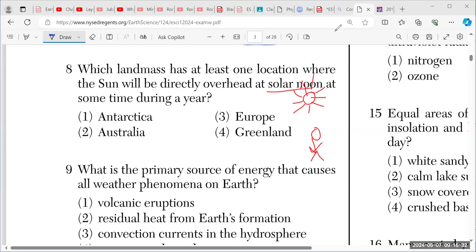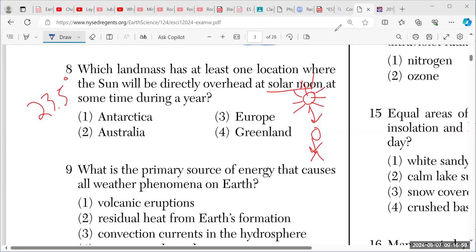Does anybody remember what the angle of the Earth's tilt is? The Earth's tilt is 23.5 degrees. Now, why is this important? It's because the angle of the Earth's tilt also gives us a range as to between which latitudes will receive direct insolation, where the sun will be directly over an observer's head at a 90-degree angle.